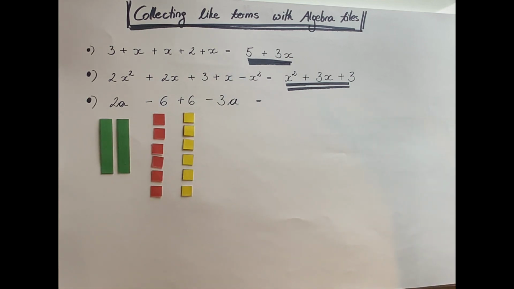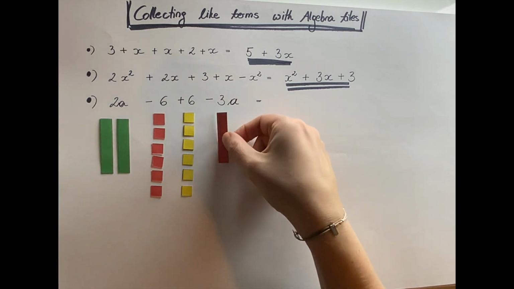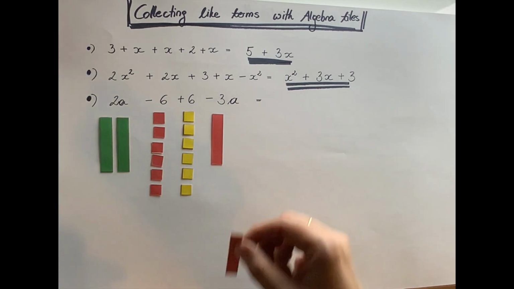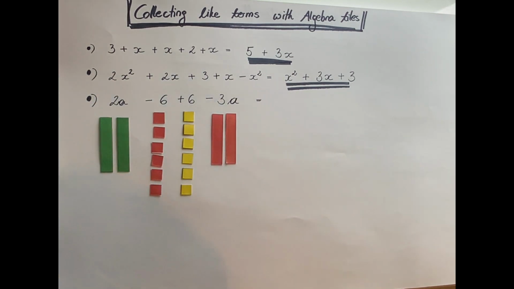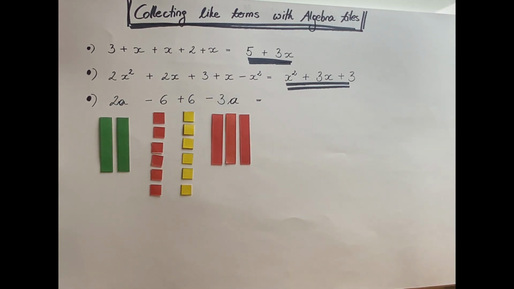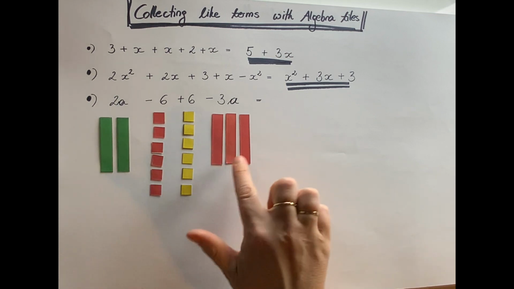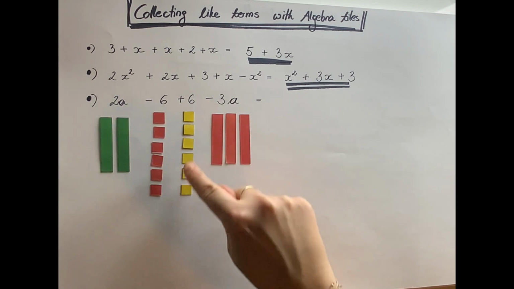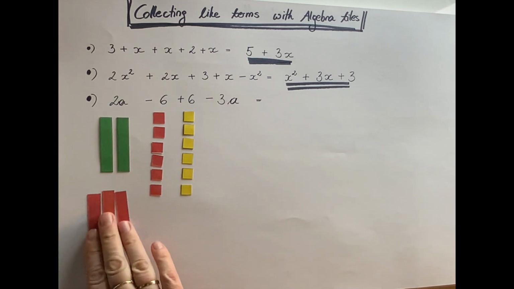So we need a negative 3a. Remember, these tiles were our a's. Now we need them in red because they're negative. 3 red tiles, negative 3a. And then in our next step, we're going to collect like terms, so our a's together and our units together. I'm going to put these here.